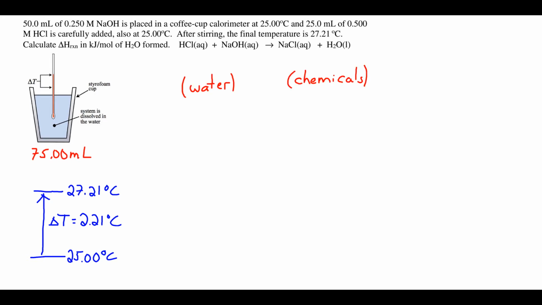All right, so here's the first law. Heat gained plus heat lost equals 0. The water is gaining heat, it's gaining in temperature, and the chemicals are releasing heat. As a result of the chemical reaction, heat is being released, and it's this heat that's lost that's entering into the water.